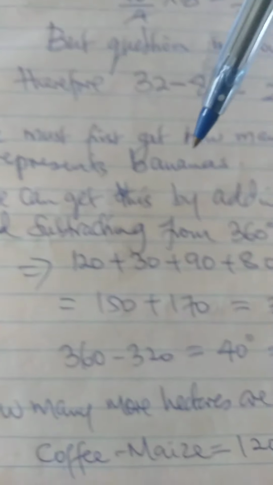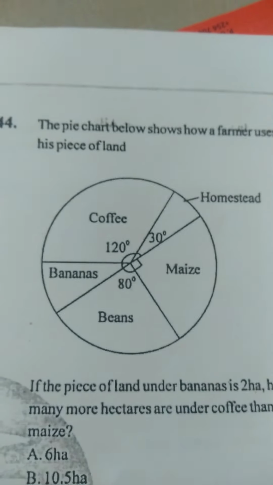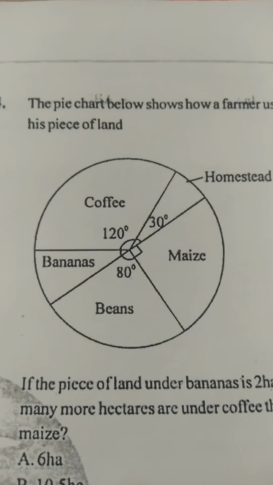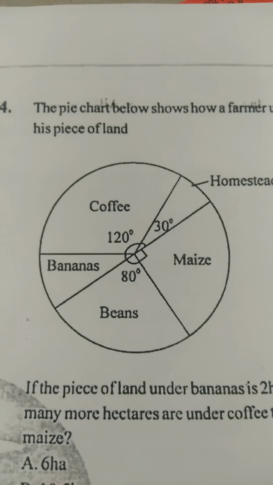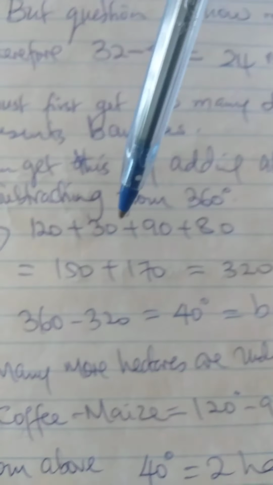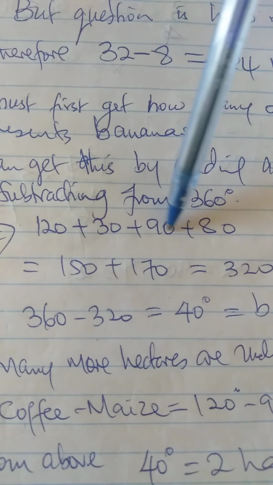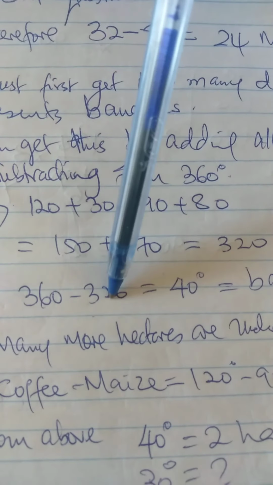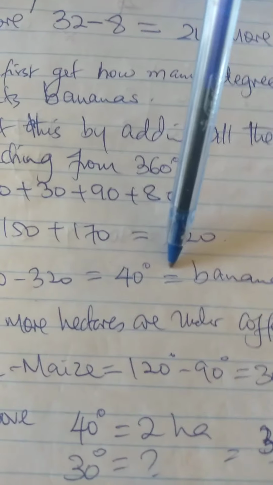We can get that by adding everything: 120 for the coffee, plus 30, plus 90, plus 80. Then we subtract that from 360. When you add 120 plus 30 plus 90 plus 80, you get 320. Subtract that from 360, you get 40. So 40 is for the bananas.